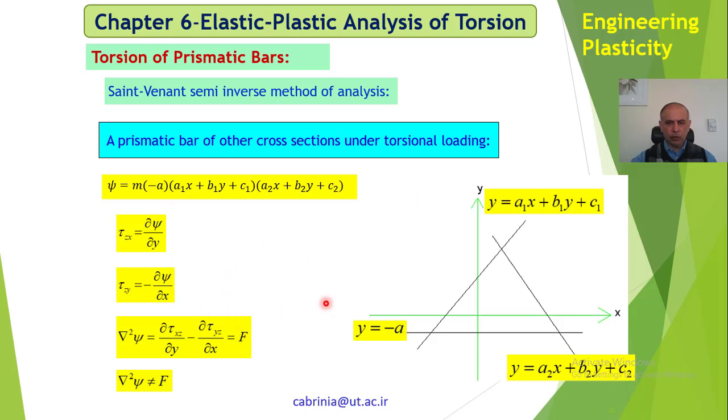So we cannot use these equations. Can we use another equation? We don't know. It's very difficult. You can keep trying, but it's a very difficult task to obtain the right equations. Okay, it's almost impossible.